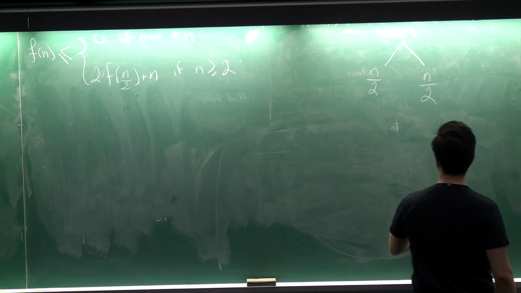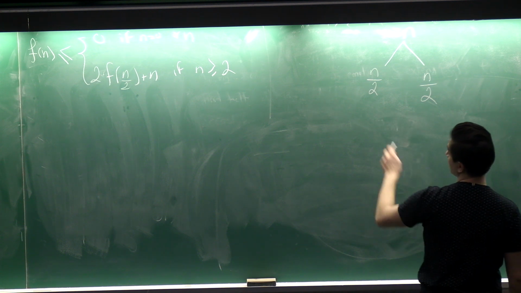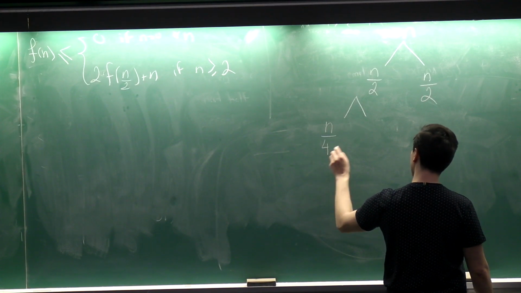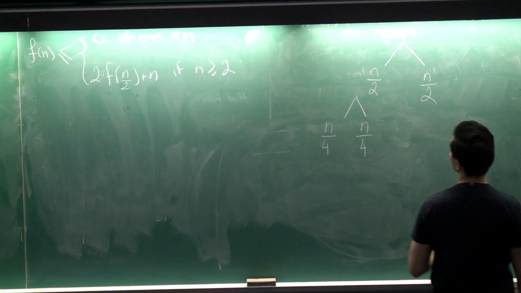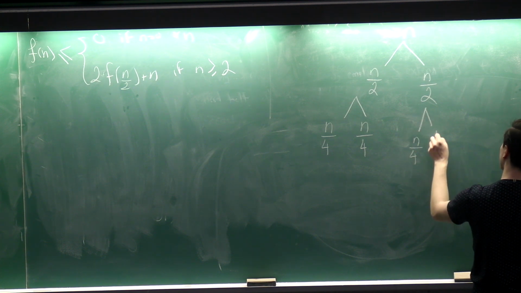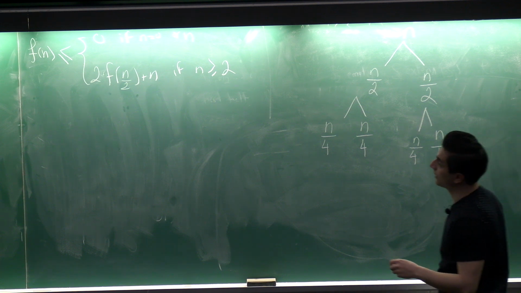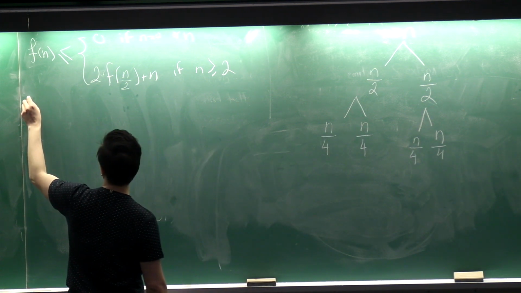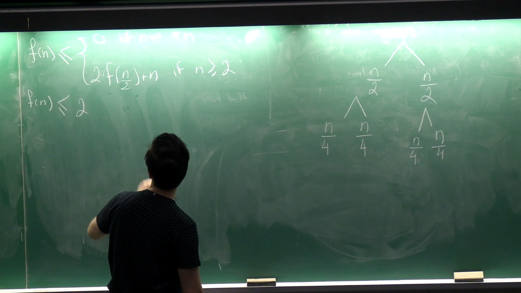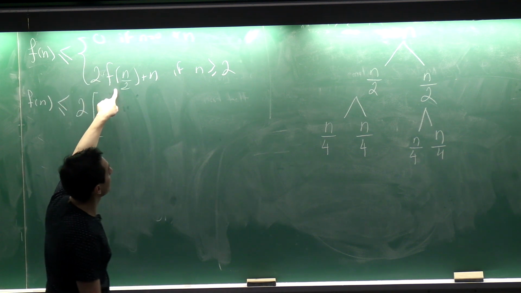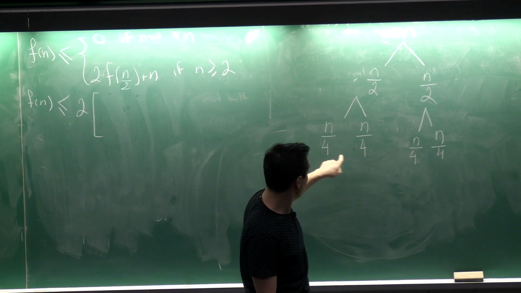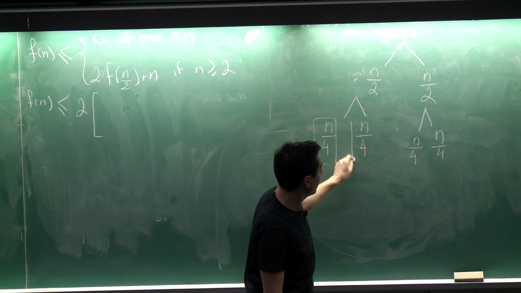And then, when I call MergeSort on this part, it can again split into two parts, n over 4 and n over 4. And when I call it on this part, it's going to again split into n over 4, n over 4. Right? So here, n is going to be smaller than 2. What is this? This will make two calls of MergeSort on size n over 4 and n over 4, right?